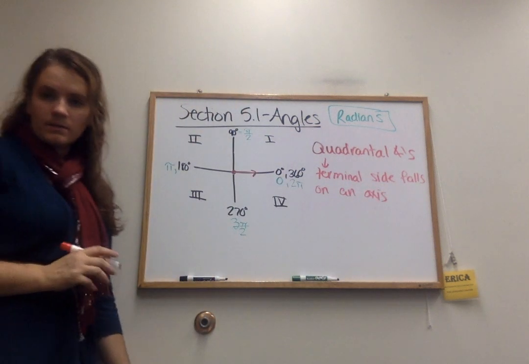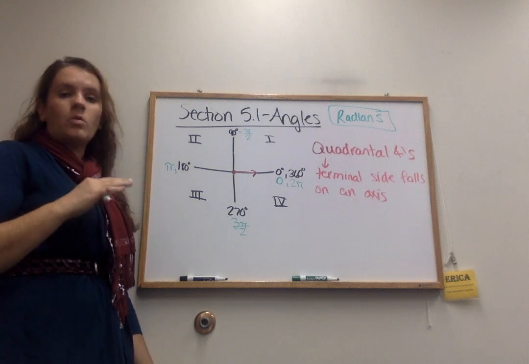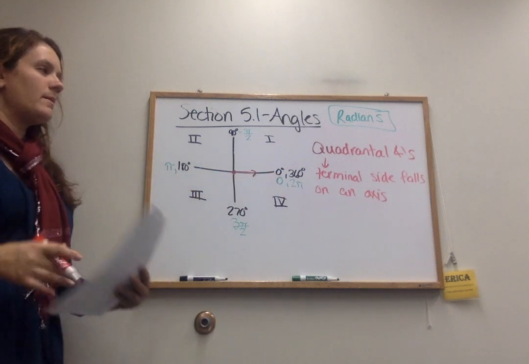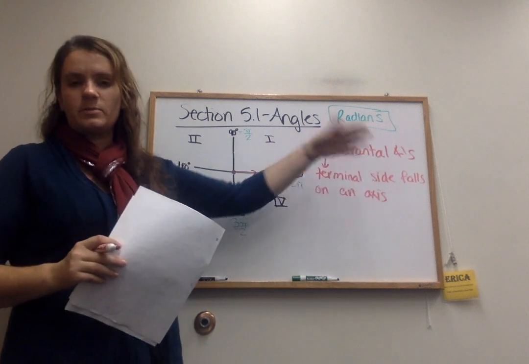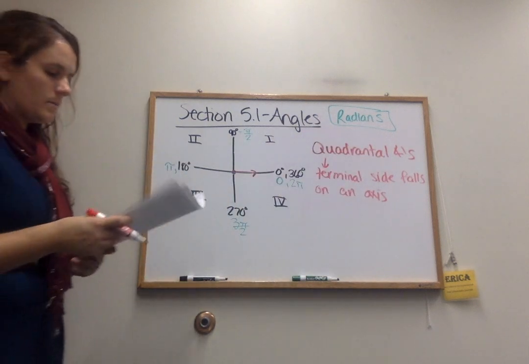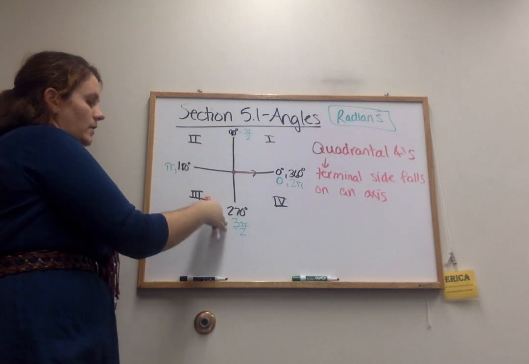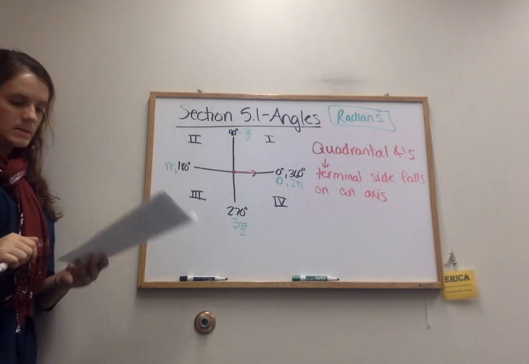So all of these angles that we have written up here so far are quadrantal angles. It's not really something you're going to be tested on, but you could see the word mentioned, especially when you start working on your MyMathLab homework. Quadrantal angles: angles where their terminal side falls on one of the axes.